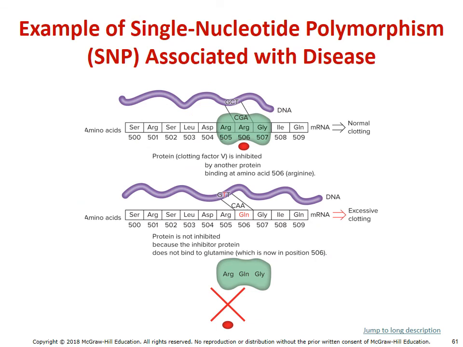So notice here we had a single nucleotide change that allowed for the production of an alternate protein, or no protein at all. And so the idea is single genetic changes, or nucleotide polymorphisms, are enough to create disease. So by understanding SNPs, we can understand disease.